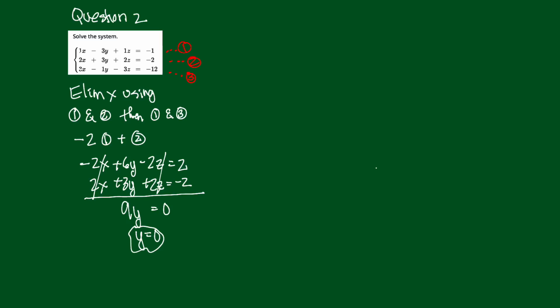So now that I know y is 0, why don't I just put that y equals 0 into these equations here? All right, now I think what I'll do is I just need 2. I'm going to pick 2 and 3, for no particular reason. So if I put y equal to 0 into 2 and 3, here's what I'm doing. Putting y equals 0 into equations 2 and 3.